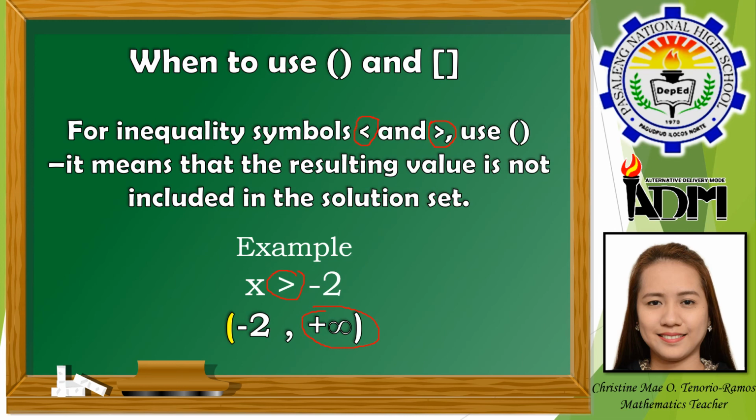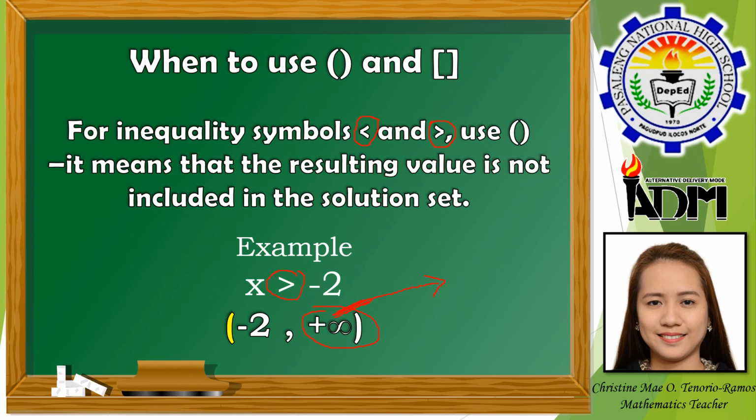One reason kung bakit positive infinity to is dahil greater than yung nagamit. And always, yung positive infinity natin is nasa right side, kasi pag ganun siya nasa right, pa-move siya towards right.